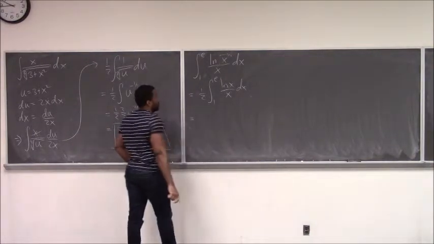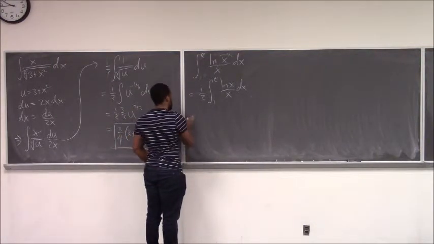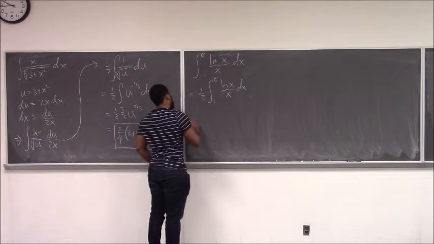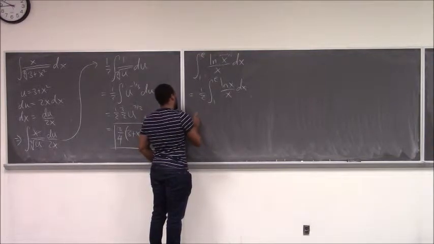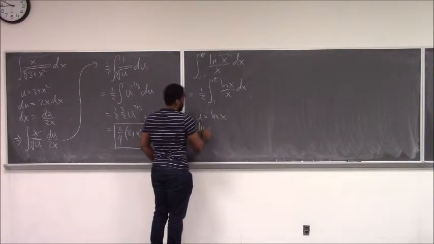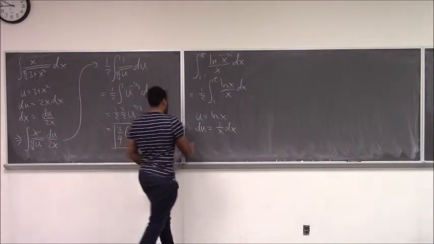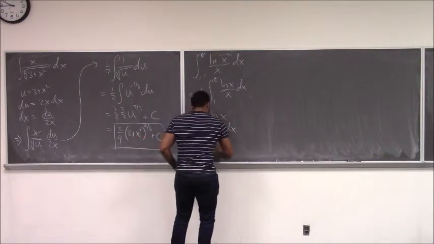And so now, I'll say this way, du would be 1 over x dx, and so our dx would be x du.